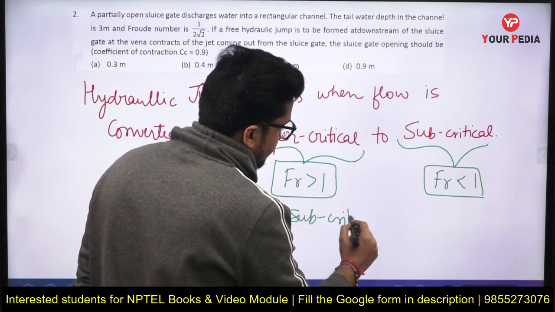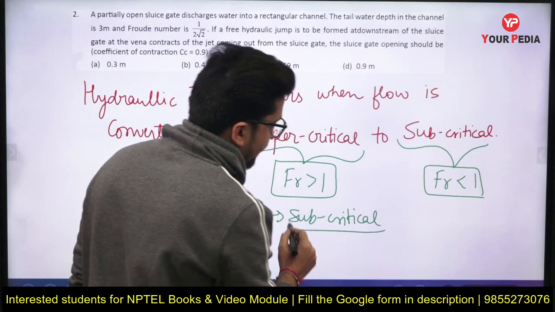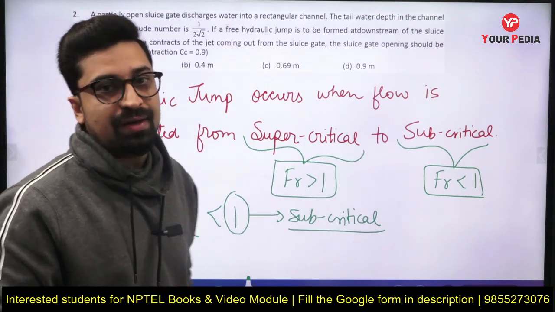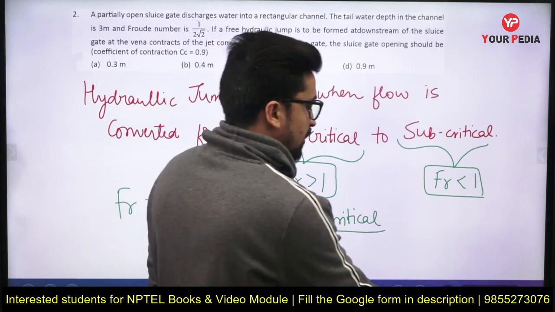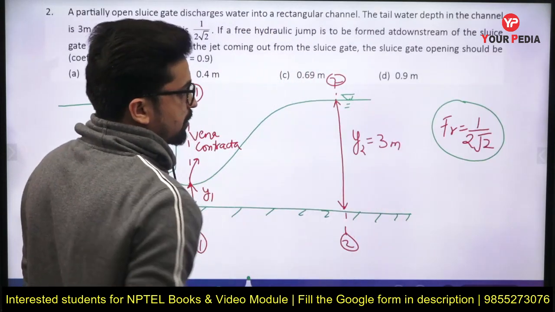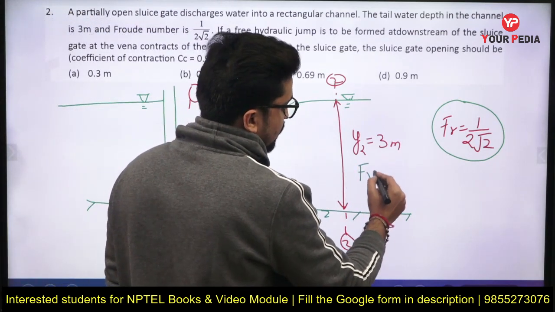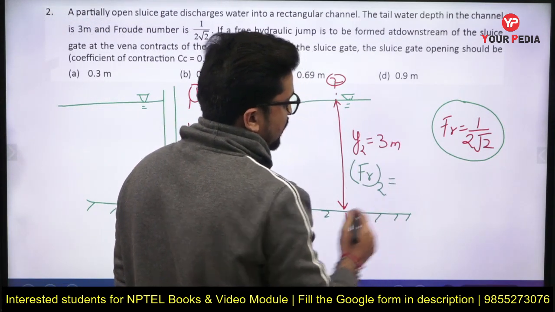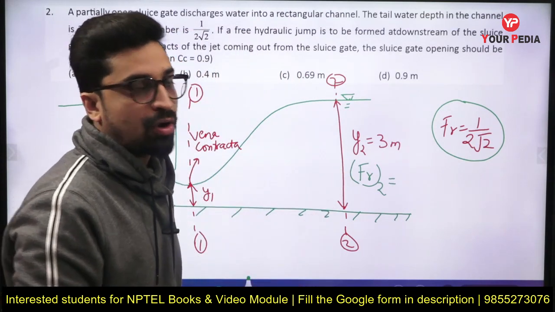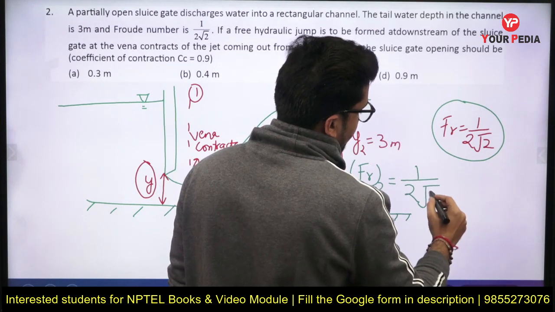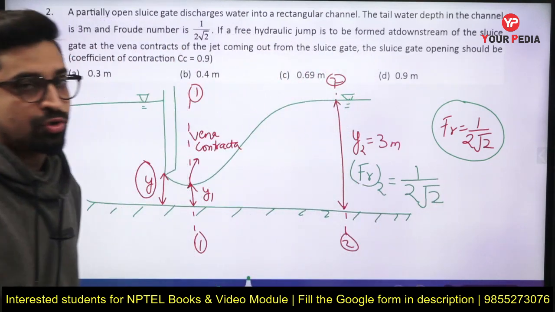We know that subcritical flow forms after the jump. Therefore this Froude number, 1 upon 2 root 2, is the Froude number at section 2, since this is the section after the hydraulic jump. So Fr2 is 1 upon 2 root 2.